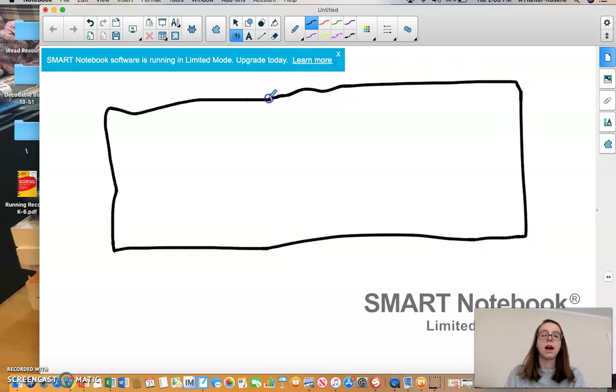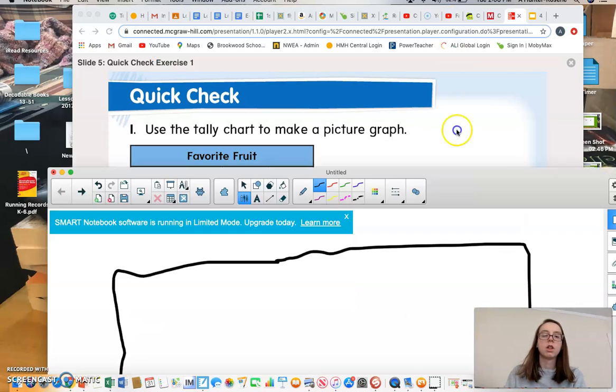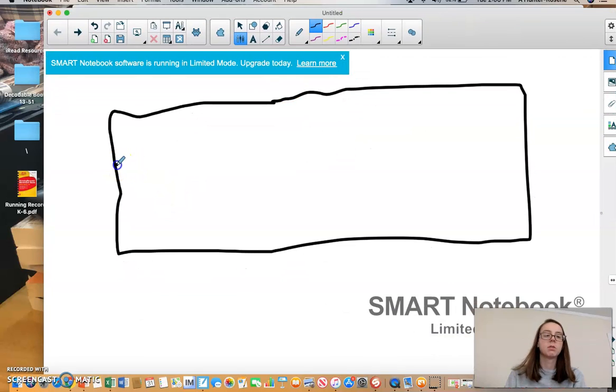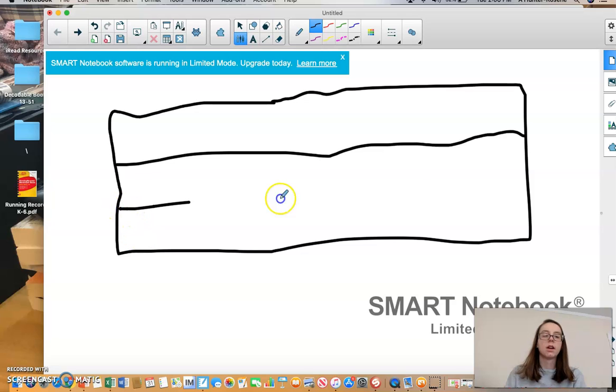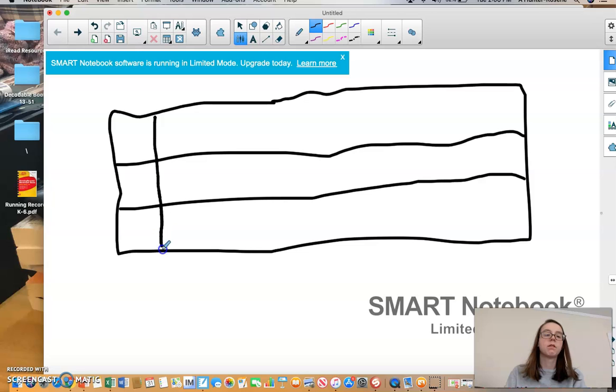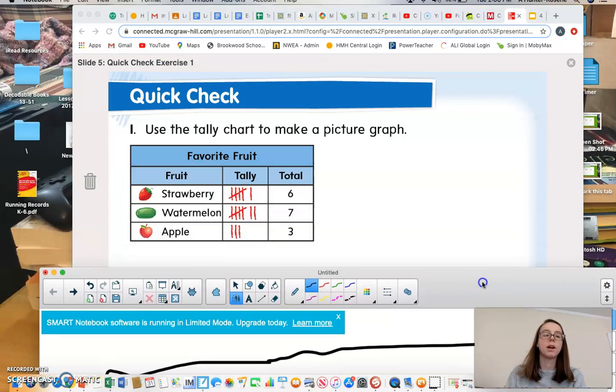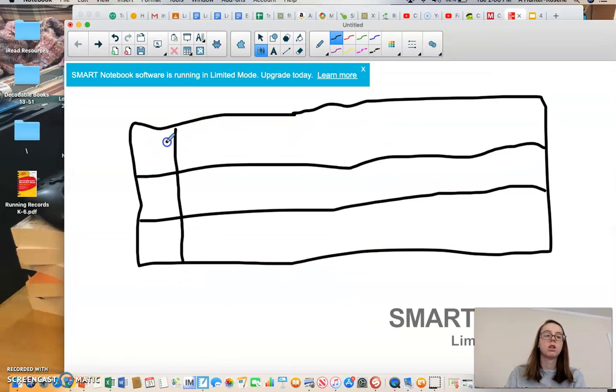I'm going to make 3 lines because we have 3 different things. And then I'm just going to put their first initial, so strawberry, watermelon, apple.